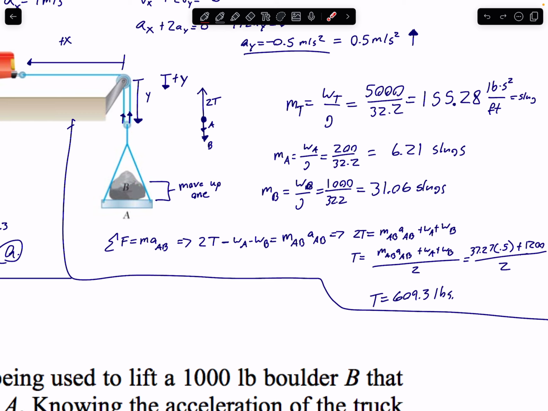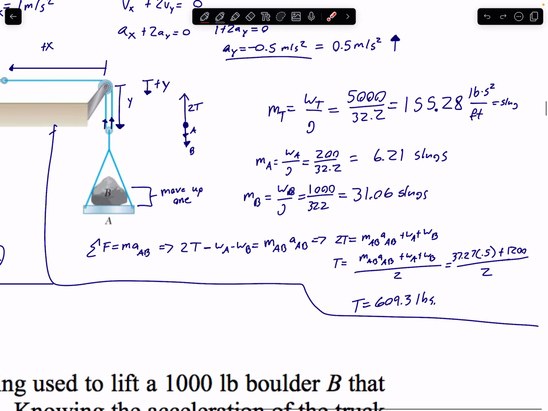The net force is 2t going up, minus the weight of A, minus the weight of B, equal to the mass of A and B combined times the acceleration. We're doing this to find the tension because we know all of those at the moment. This is where we needed to find the masses.